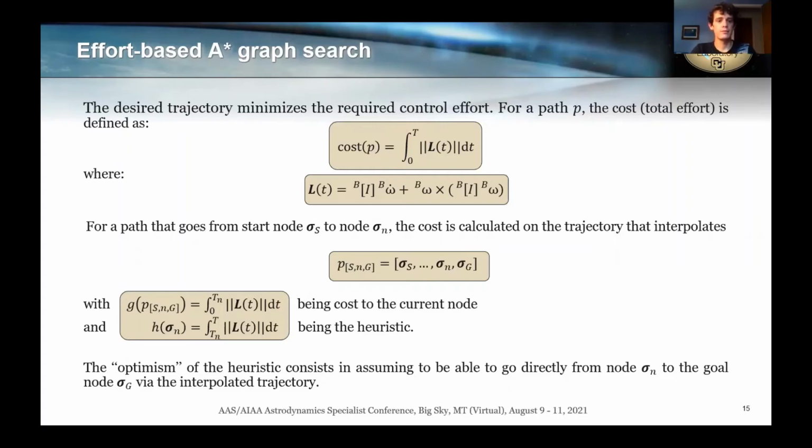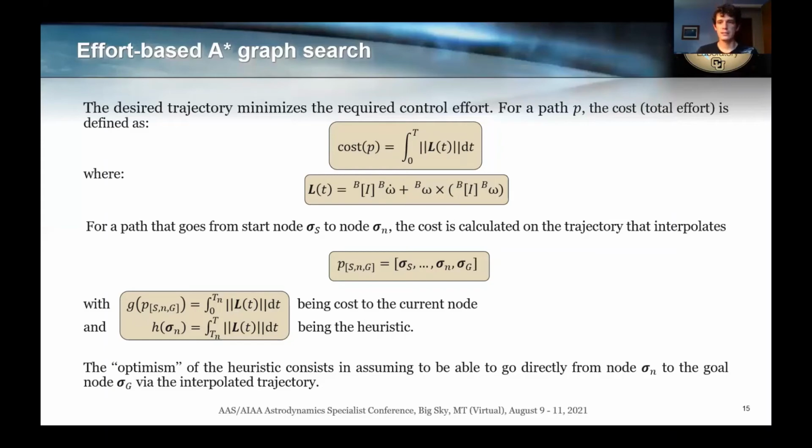And for a path that is currently exploring node sigma n, the heuristic is defined as the integral of the control magnitude vector over the portion of the trajectory that goes from node sigma n to the goal attitude node.